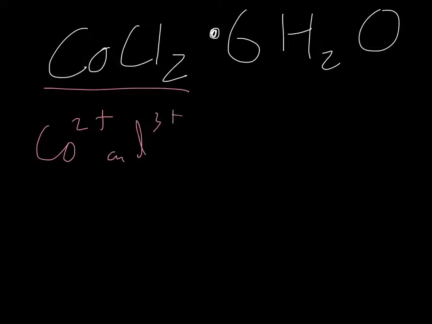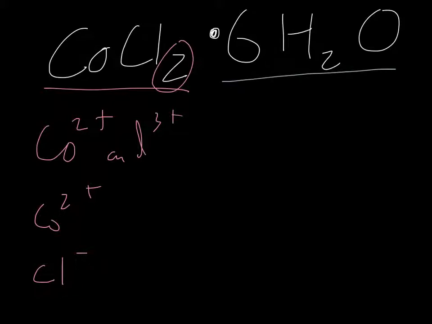Well, since there's only 2 chlorine atoms on it, you know that this is cobalt 2+, because chlorine has a 1 negative charge, because it is a halogen. So if they did ask you to split this up in a chemical reaction, you would know that this is cobalt 2+, because of the amount of chlorine. Now we're going to look over here. There's 6 water molecules.